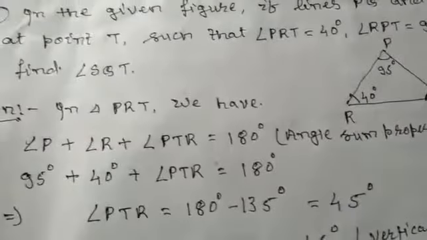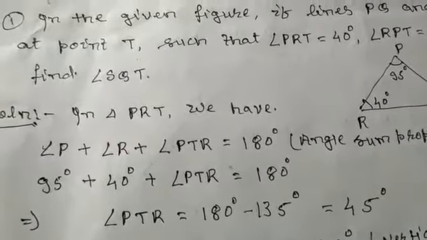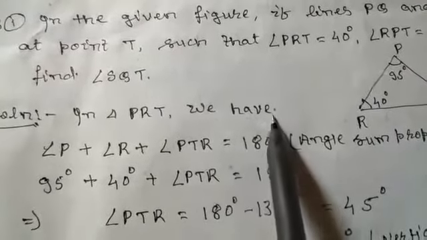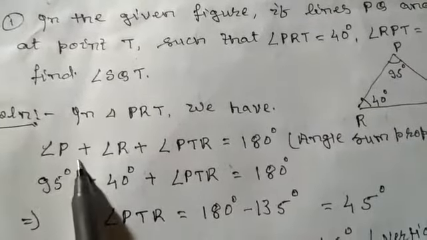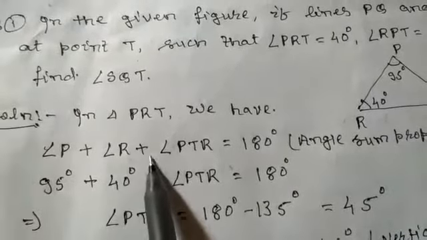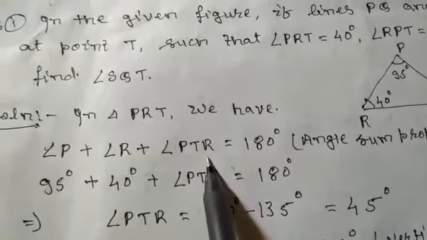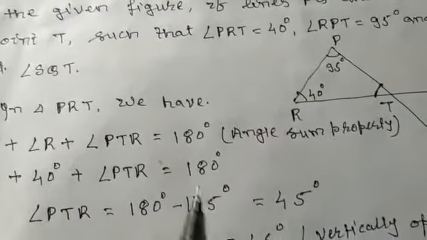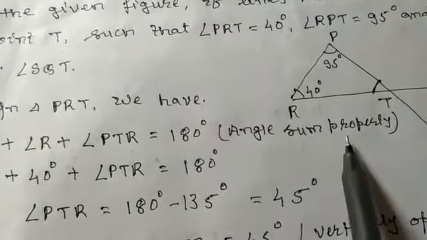So here in triangle PRT we have angle P plus angle R plus angle PTR equals 180 degrees by angle sum property of triangle.